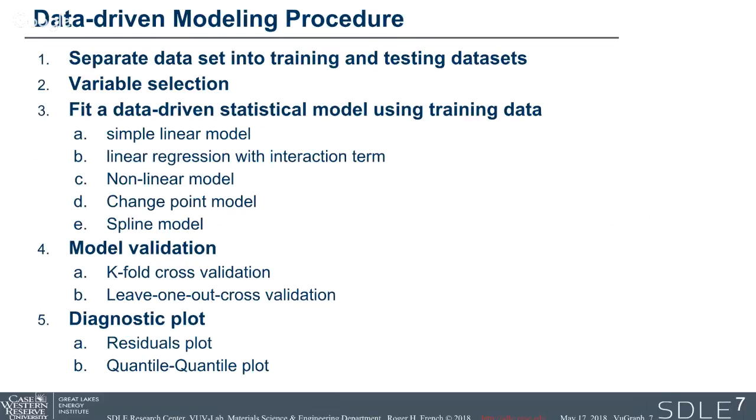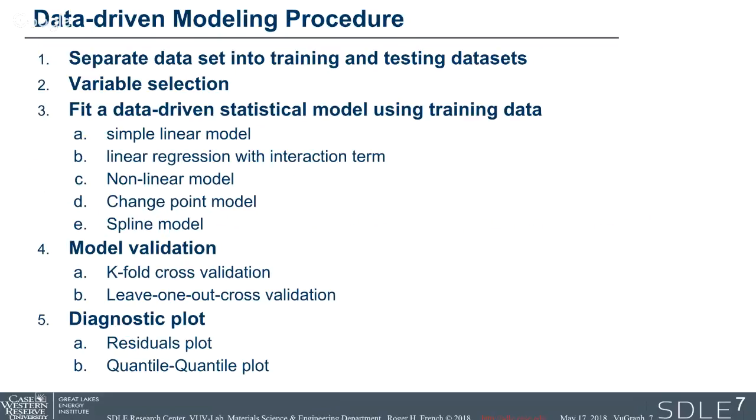In order to create a statistical model, I think you need to follow these 5 steps. The first is you need to separate your data frame into training and testing data sets, and create your model with the training data sets. Also you can test if your model has overfitting or other problems with the testing data sets.